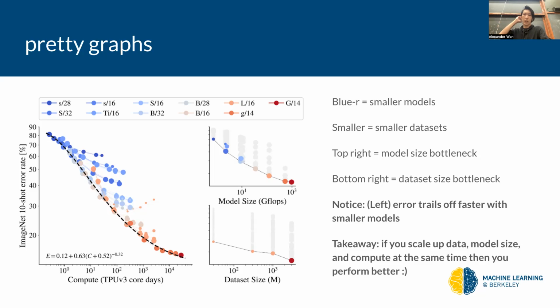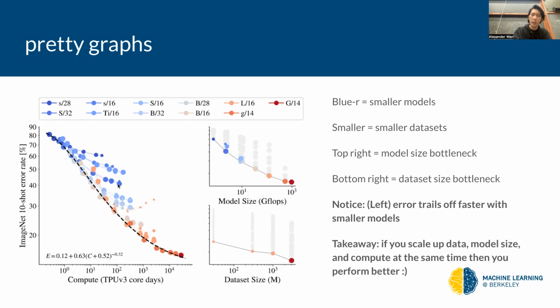And then the x-axis is training time, right? So on the top left, if you have a really small model, it doesn't really matter how much data you give it. At a certain point, it levels off, right? So that's the model size bottleneck.